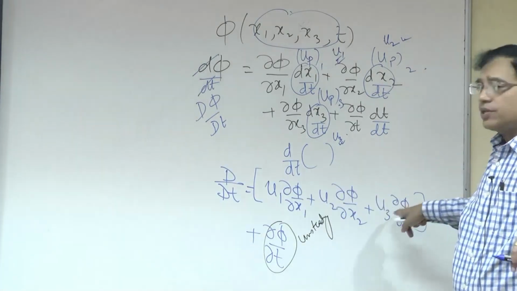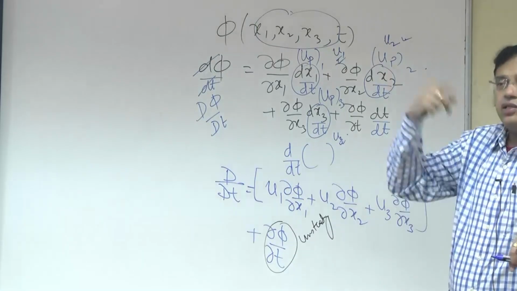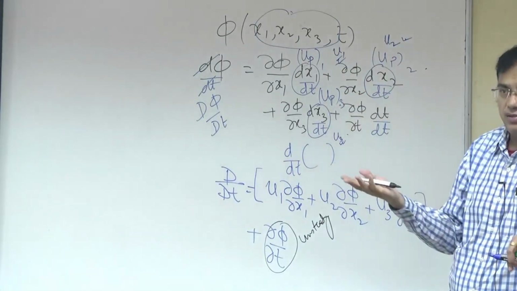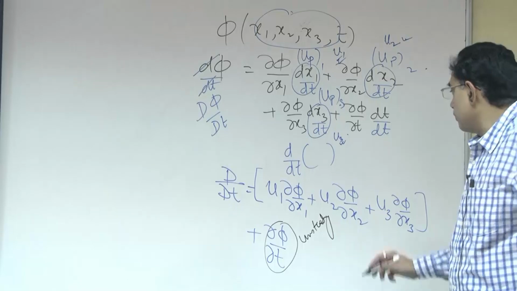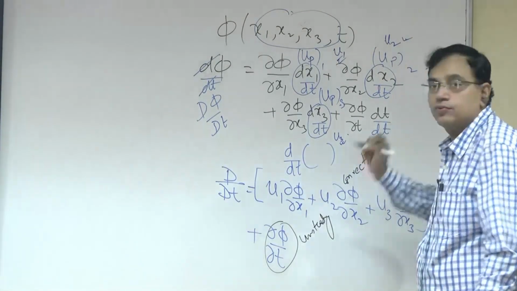And this is the so-called convective component, that means there is a change in position, and at a new position there is a change. So this is convective, and this is inflow minus outflow.